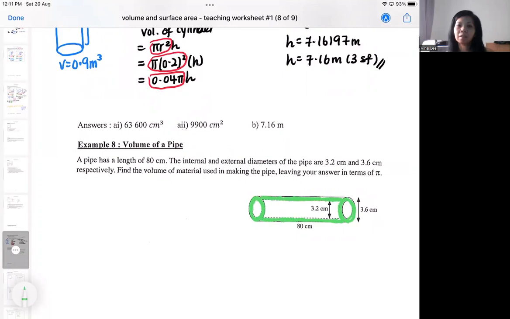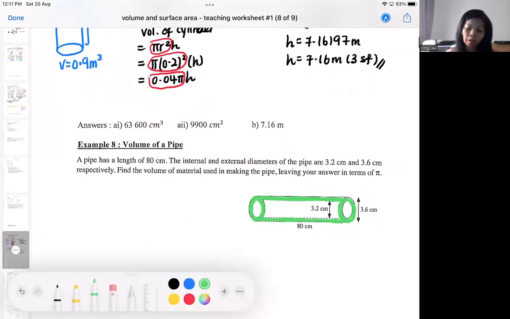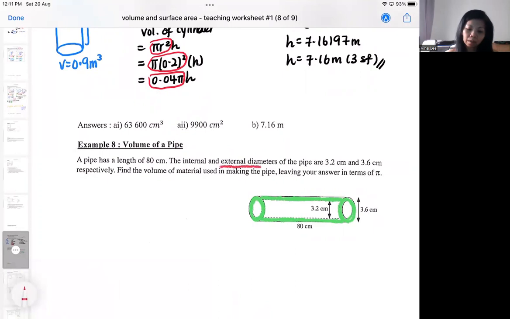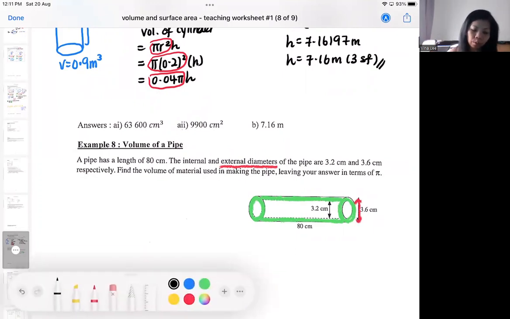That's why there's an internal diameter and an external diameter. The external one is the bigger part, responsible for the big cylinder. So I'm going to calculate the big cylinder first.